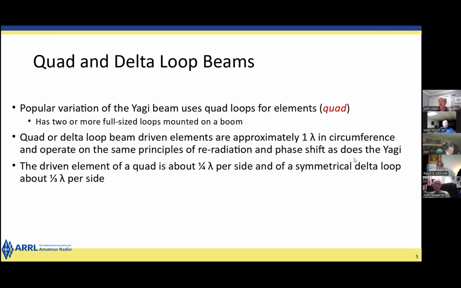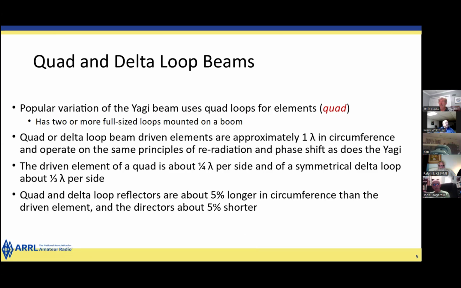The driven element of the quad is about a quarter wavelength per side, and a symmetrical delta loop about a third wavelength per side. Quad and delta loop reflectors are about 5% longer in circumference than the driven element, and the directors are about 5% shorter.